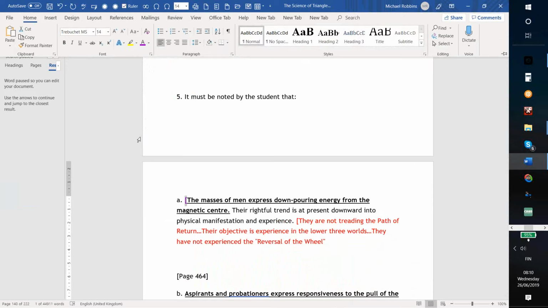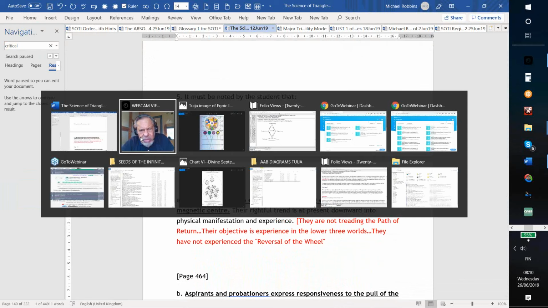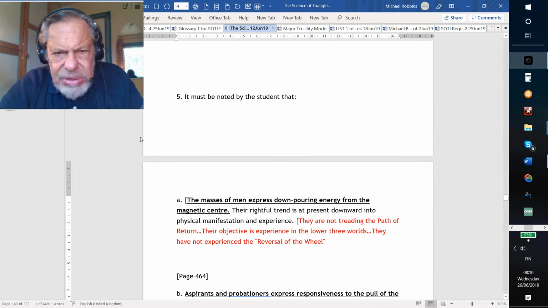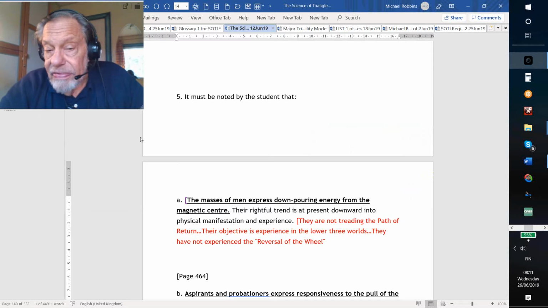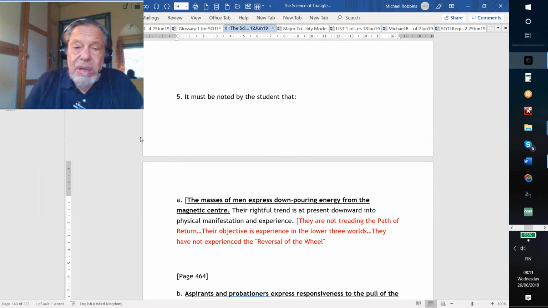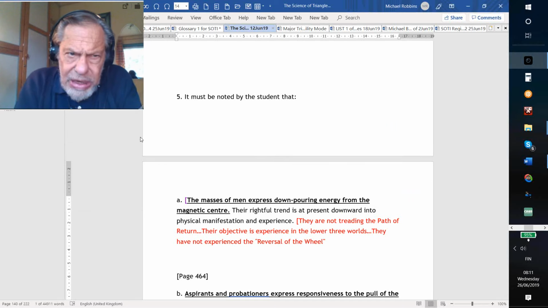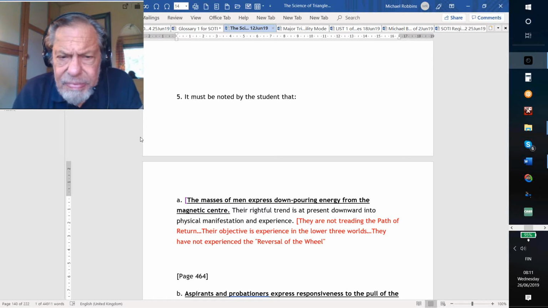The masses of men, those who express the mass consciousness, and I would say that ends up being maybe 80% of the people, the bulk of humanity, 85%, they're not so much the moonshine types, and they haven't had time to get too far yet.